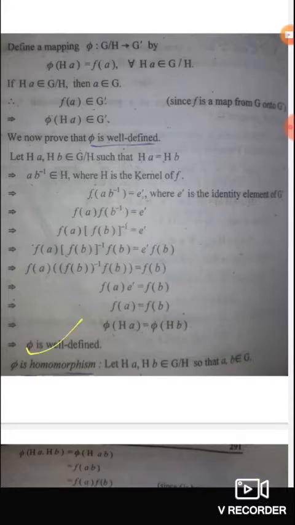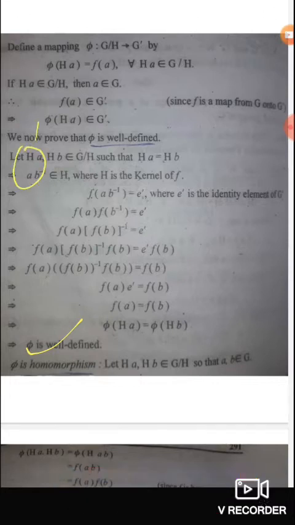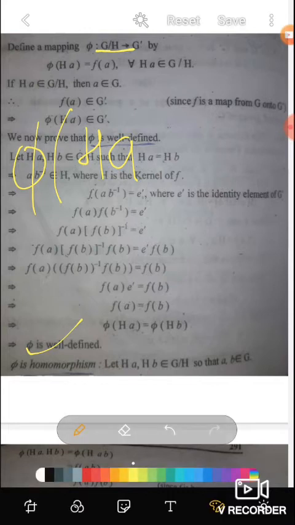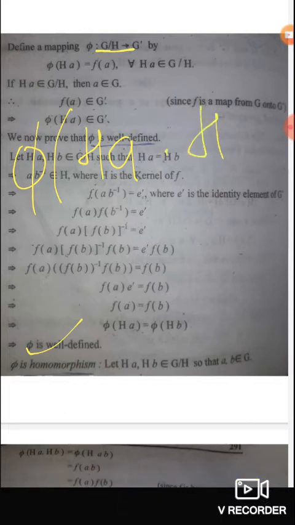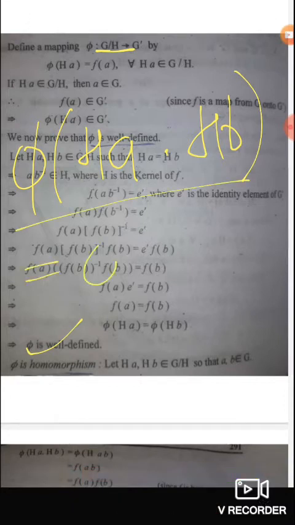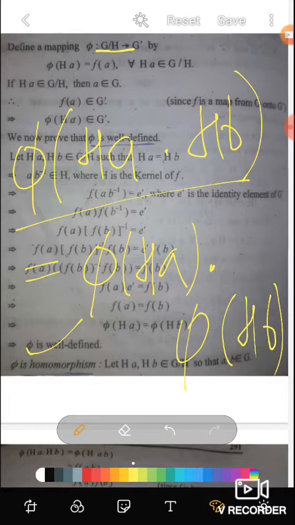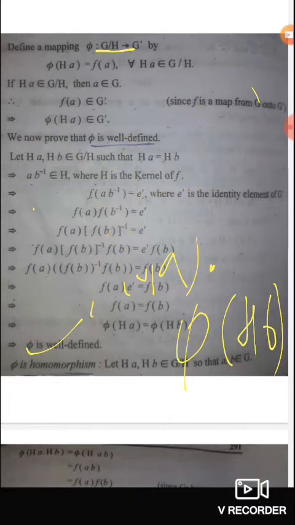Now we will prove phi is a homomorphism. To prove this homomorphism, what we have to do is take two different elements in the domain. So it will be of this form, and we will prove whether this thing is equal to phi of Ha into phi of Hb. Fine, we have to show this thing. Now how can we do this?